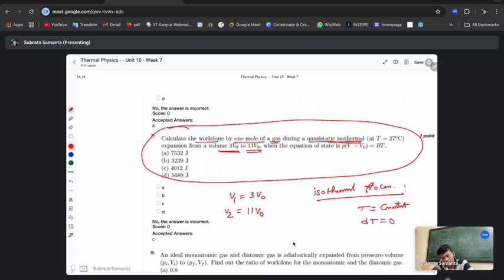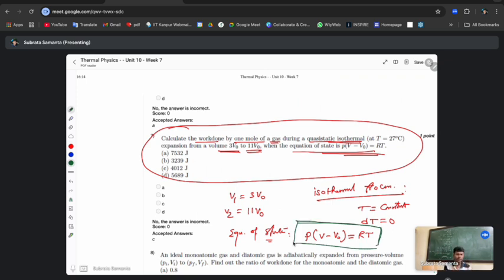Here the gas does not follow the ideal gas equation of state, so the equation of state is given: P times (V minus V naught) equals RT. It's not exactly the ideal gas equation of state. Ideal gas is PV equals RT, but here there is a volume correction, V minus V naught.